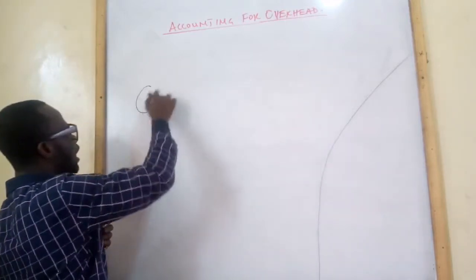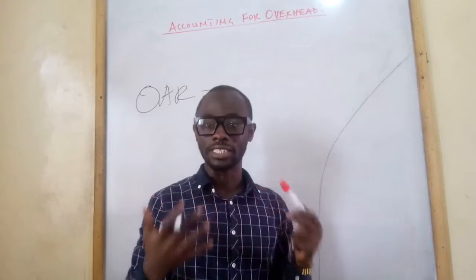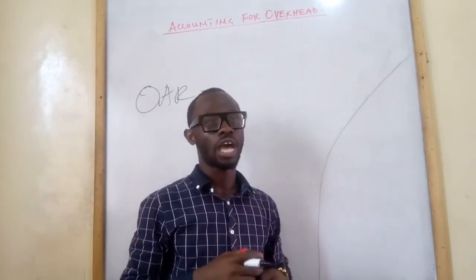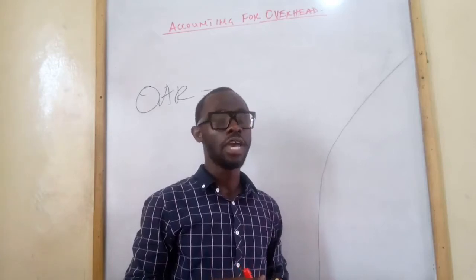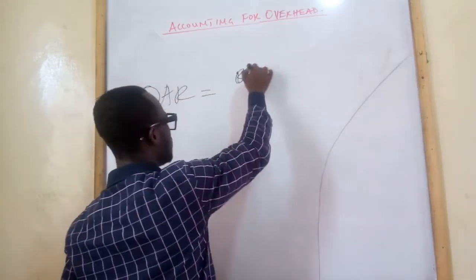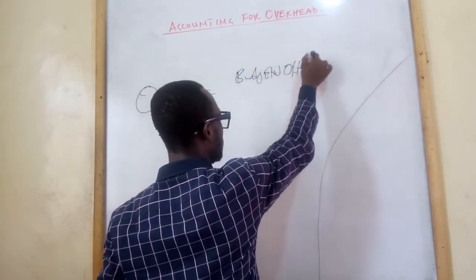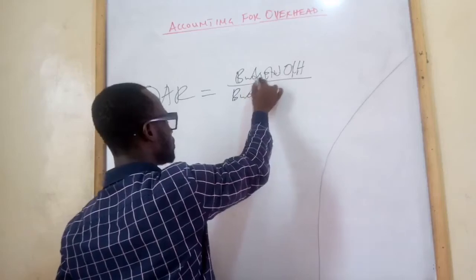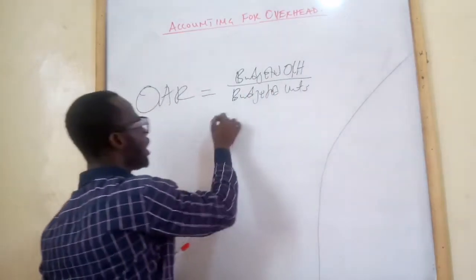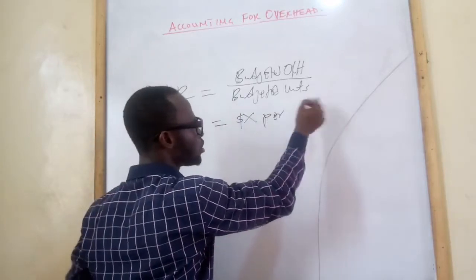Now, let me tell you this. You realize that in the calculation of our overhead absorption rates, we are dealing with budgets. So let's say, for instance, we absorb the overheads based on the units produced. So it is going to be the budgeted overheads divided by budgeted units. That is going to give us X dollars per unit.